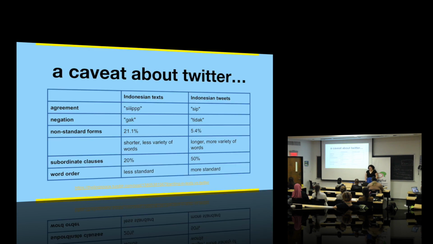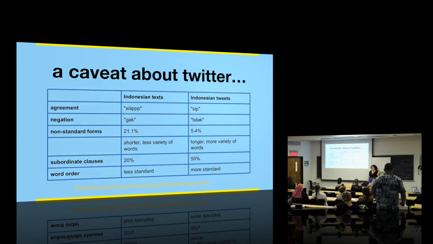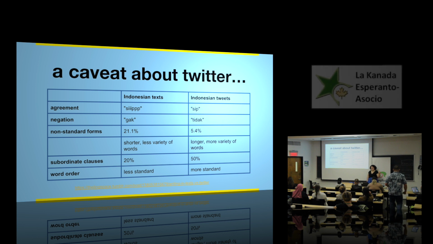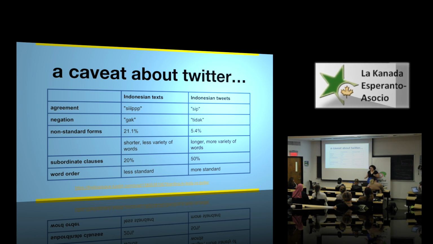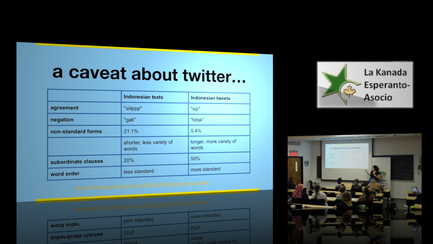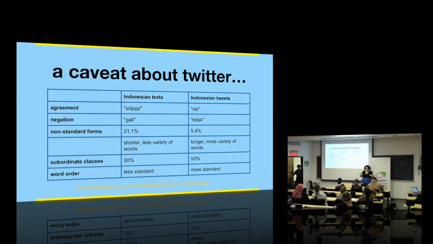A caveat about using Twitter data. On the one hand, Twitter's a really interesting place to go because it's public, you can see it, and especially in people's replies and ordinary conversations. But this is from a study about Indonesian tweets versus texts. I bring it up partly because it's interesting to see some Indonesian, since a lot of these internet language studies happen on English.